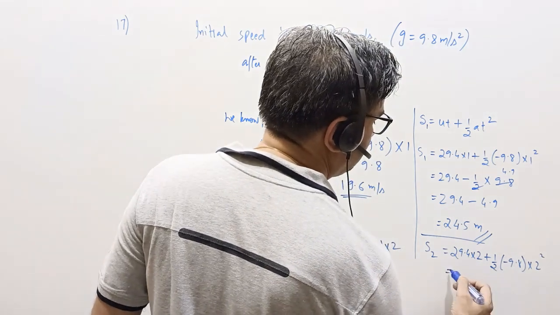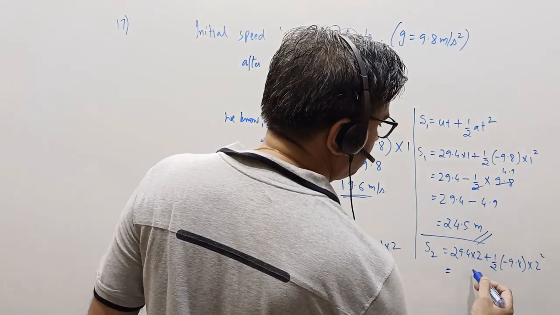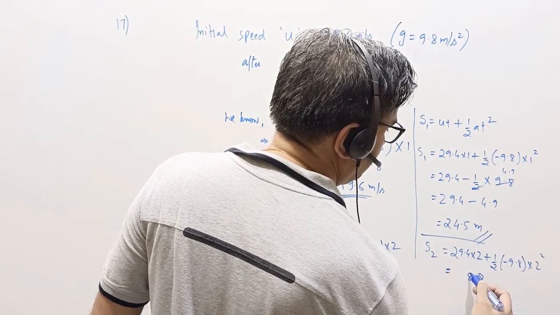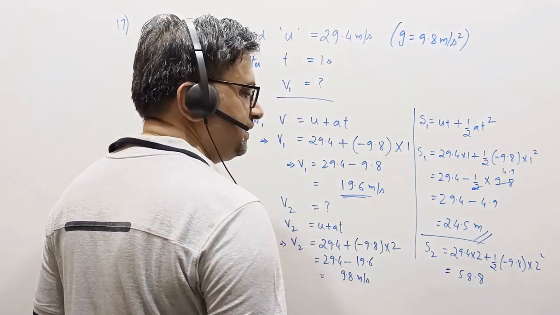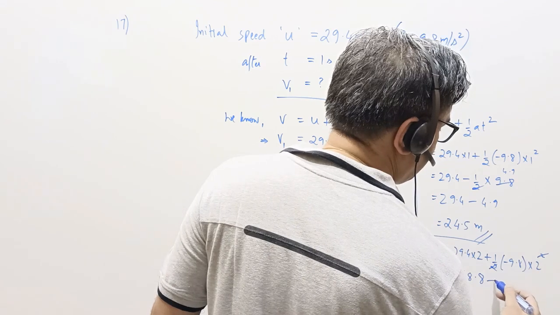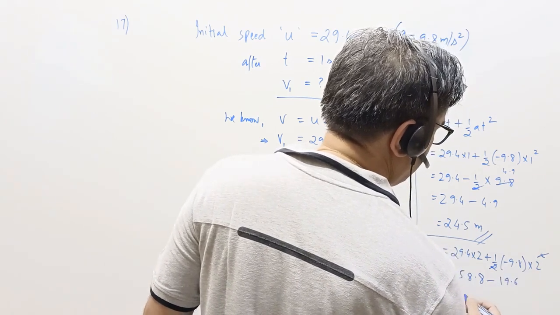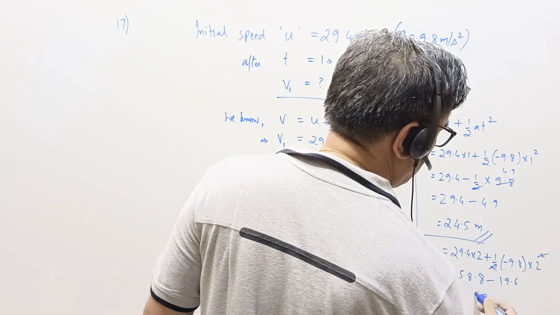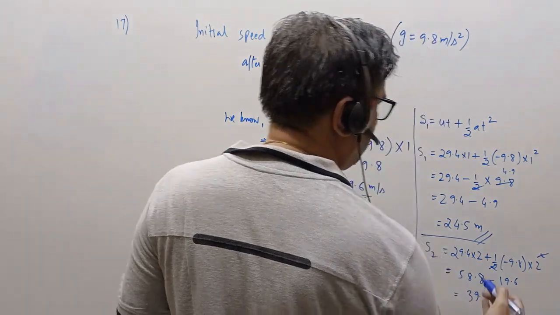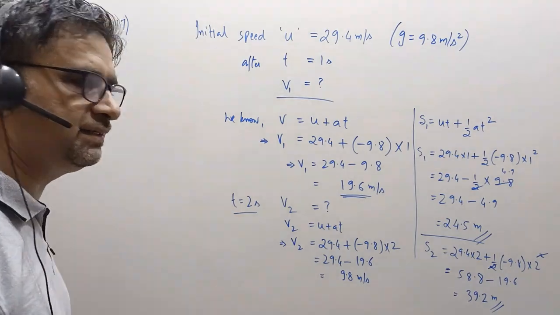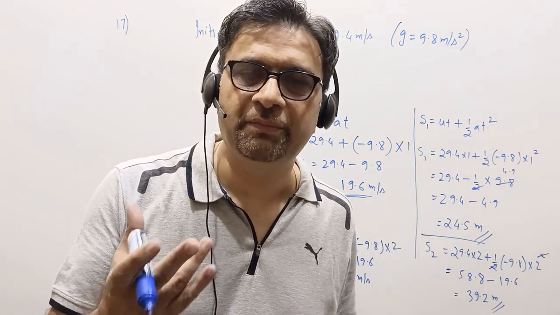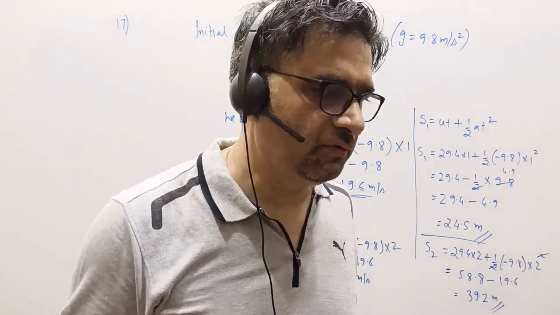So we can calculate this, which will come to 58.8 minus 19.6, and this comes to 39.2 meters. You can check for calculation errors if any, but I hope you have got the logic of how we have approached and solved this problem.